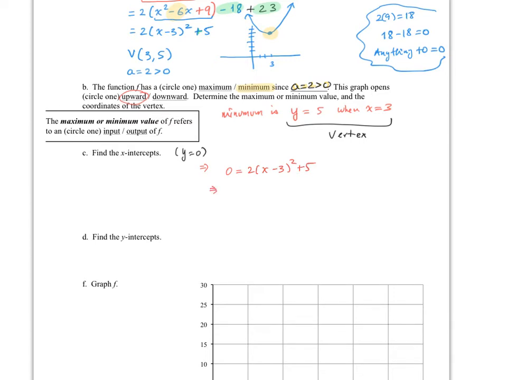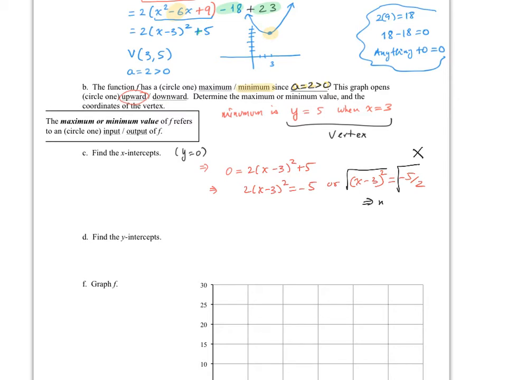If we try to solve for x, this gives us 2 times (x minus 3) squared equals negative 5, or (x minus 3) squared equals minus 5 over 2. But remember that we cannot take square roots of negative numbers, so therefore this doesn't exist.